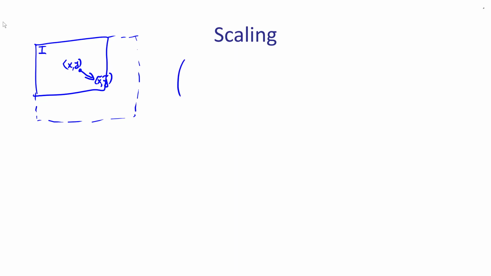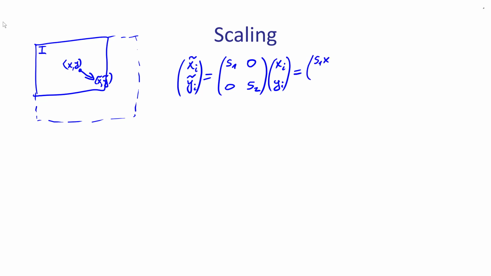Formally, we can write that x tilde y tilde equals the following matrix, which is scaling matrix. S1, this is scale in the direction x, 0, 0, S2, multiplied by the original location of the vector xy. So this will be true for any pixel i in the image. In other words, it will be just S1 xi and S2 yi.